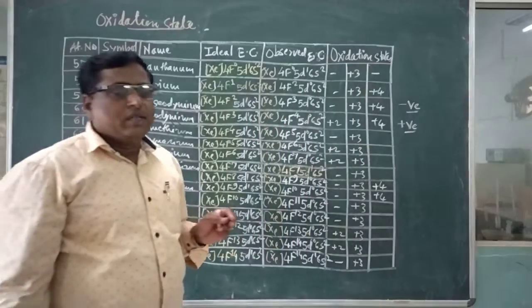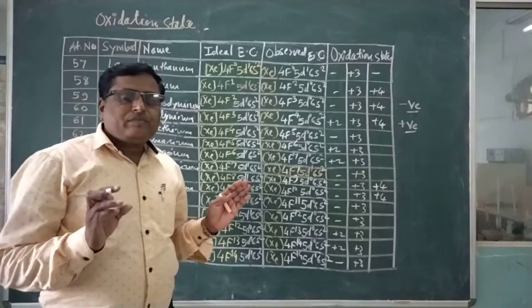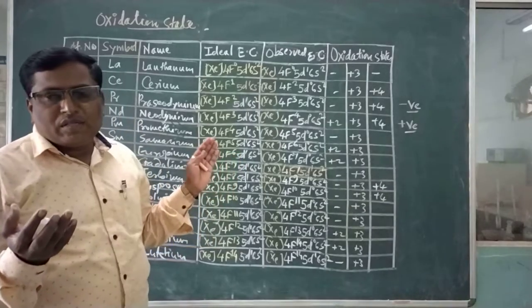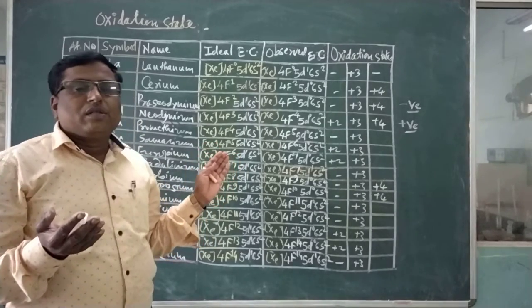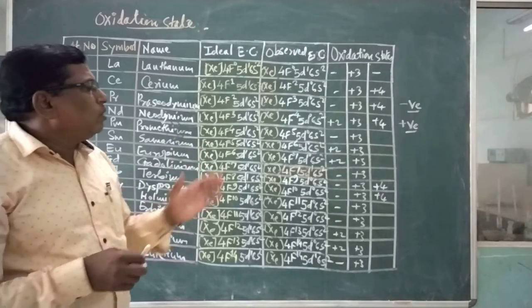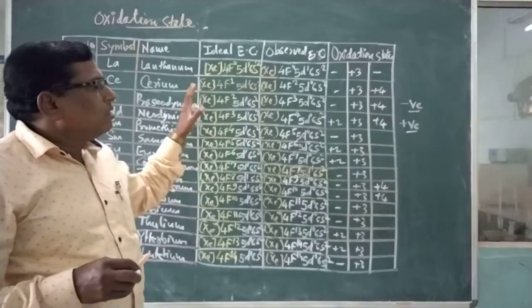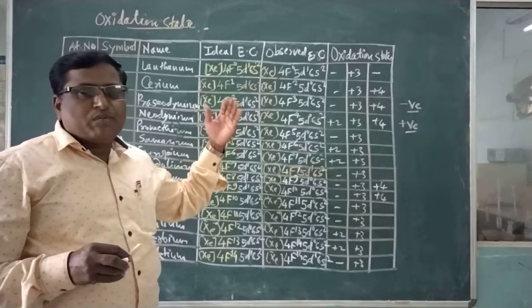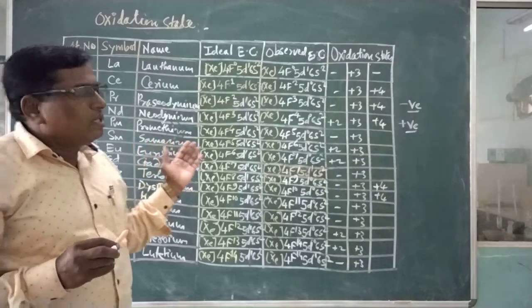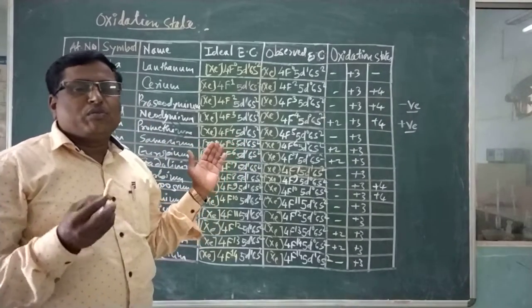Some elements possess positive oxidation states, sometimes negative. Positive is obtained by the removal of electrons, negative by the addition of electrons.